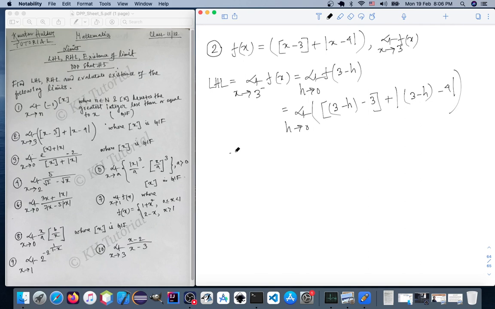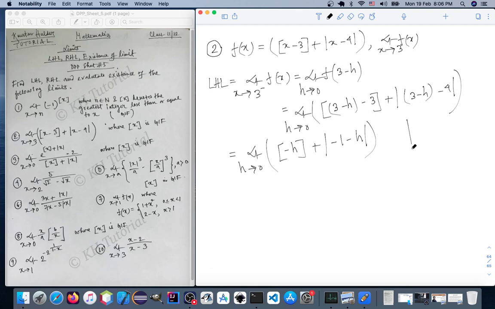This equals limit h tends to 0 of box of (minus h) plus mod of (minus 1 minus h).